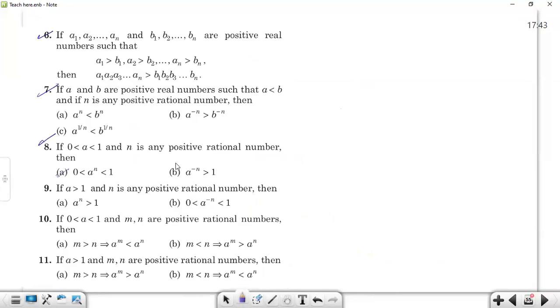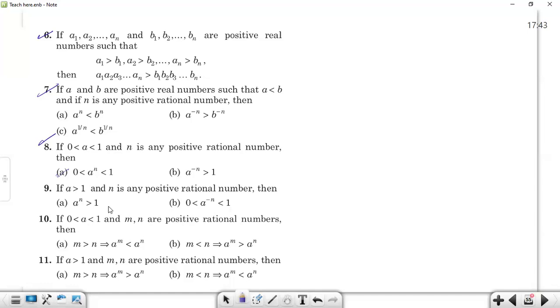Discussing property number 9. If A is greater than 1, so the base is greater than 1, and n is any positive rational number, then a raised to power n is greater than 1, of course. If the base is more than 1 and we increase its power, then it's going to go upward only.